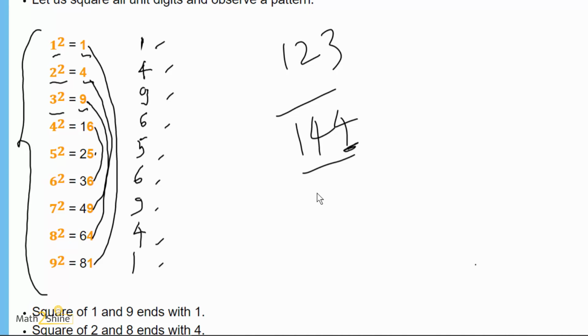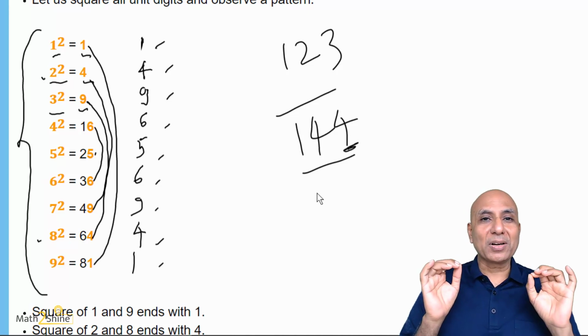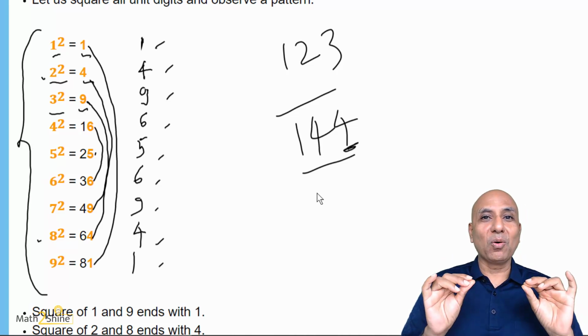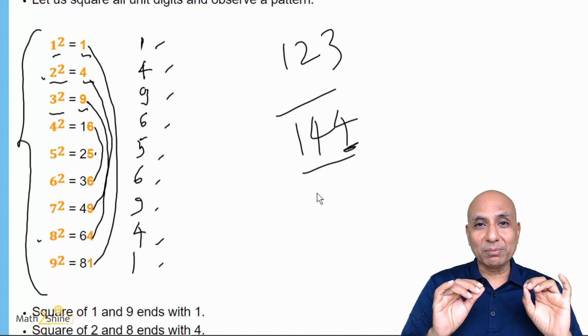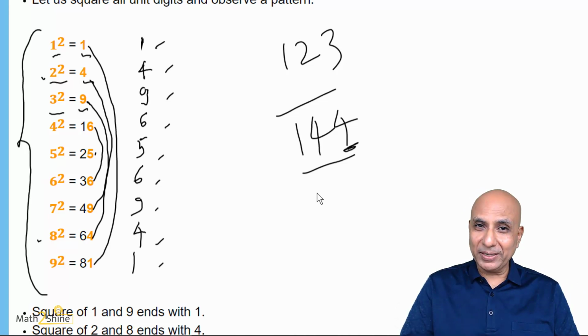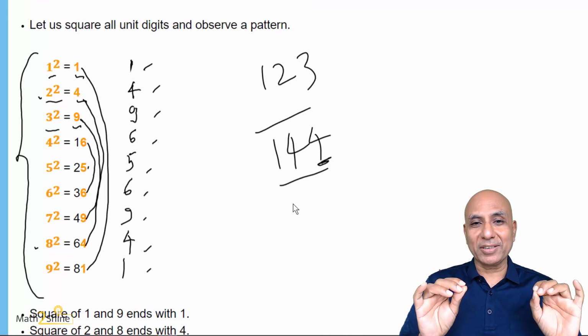So if the last digit is 4, either the square root has to have the last digit as 2 or it has to have the last digit as 8. This is the meaning of perfect square patterns observed in our number system. We make great use of this pattern to do the square root of a perfect square.